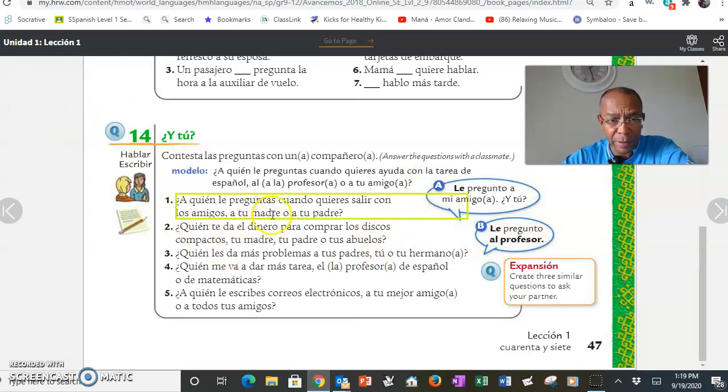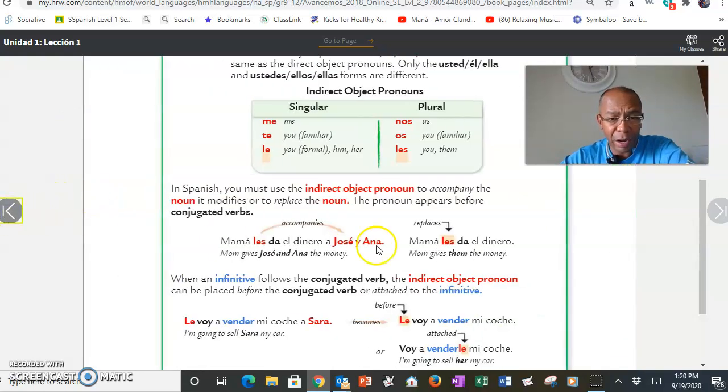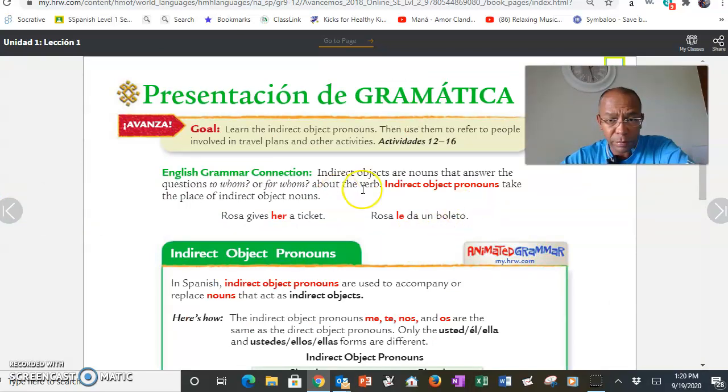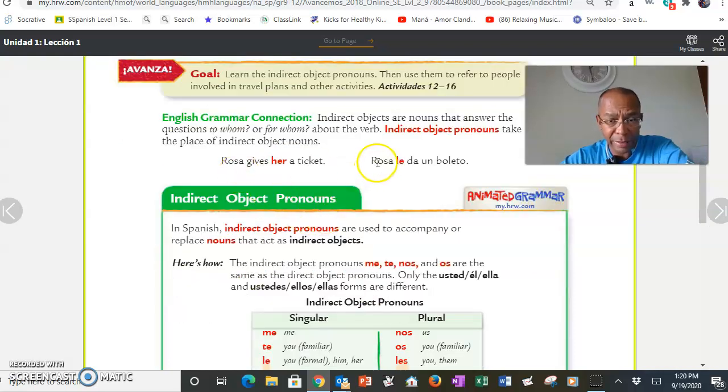So again, to recap, indirect object pronouns are nouns that answer the question of to whom, or for whom an action is performed. Indirect object pronouns take the place of indirect objects, like in this case.